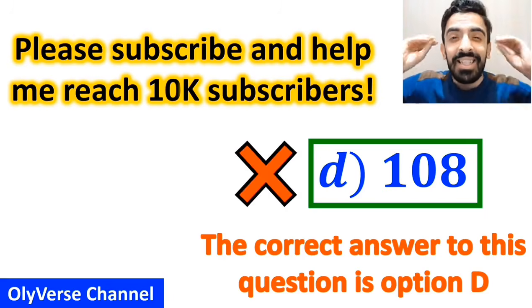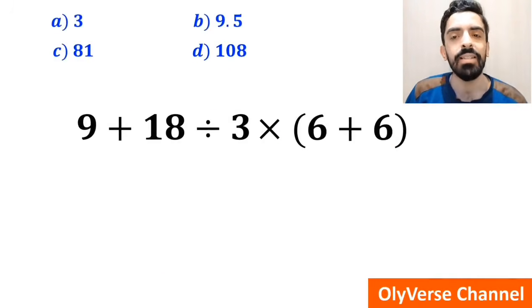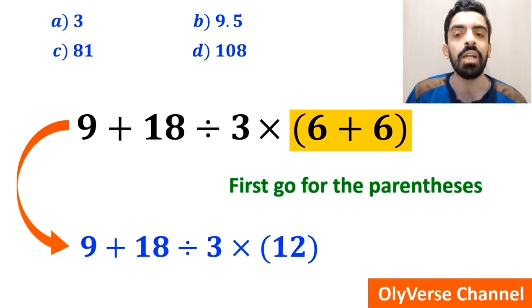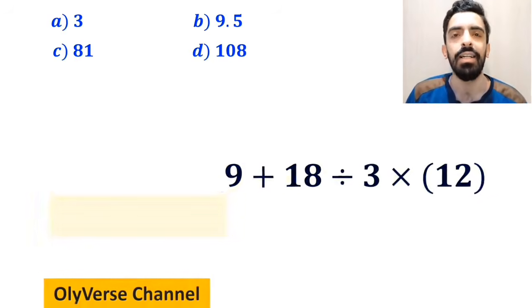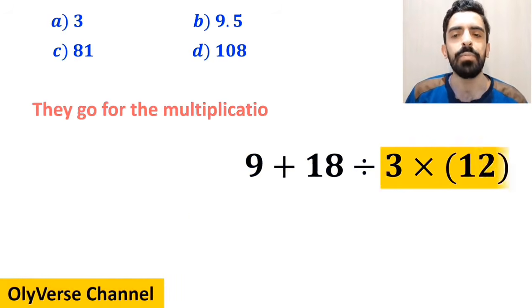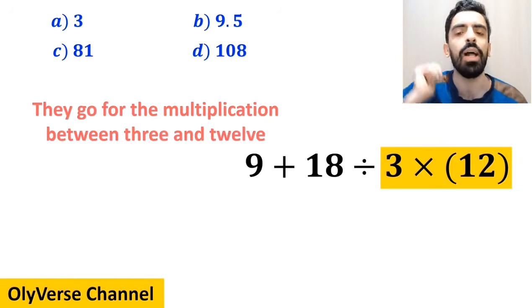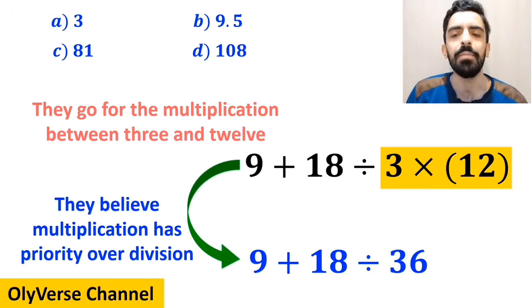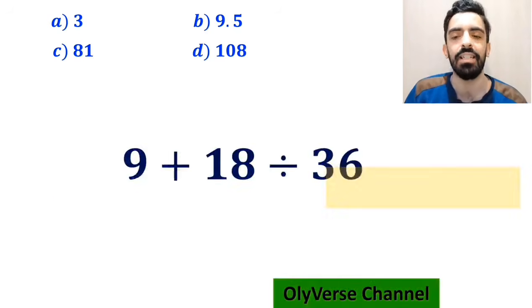However, that's definitely wrong. Also, some other people, when solving this question, first go for the parentheses and write this expression as 9 plus 18 divided by 3 multiplied by 12. And the next step, they go for the multiplication between 3 and 12 because they believe multiplication has priority over division. So, this expression simplifies to 9 plus 18 divided by 36.